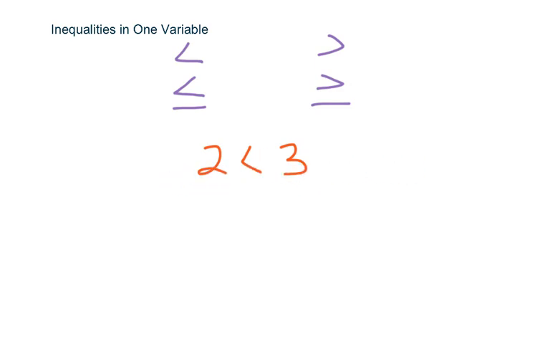If you're reading it the other way, now you're coming at it from the direction where the mouth is opening. So you would read it as greater than: 3 is greater than 2. And that works if you have a variable, okay? So X is less than, and then this bar there is actually the bottom part of an equal sign. The top bar gets turned into the inequality, but the bottom bar still stays there.